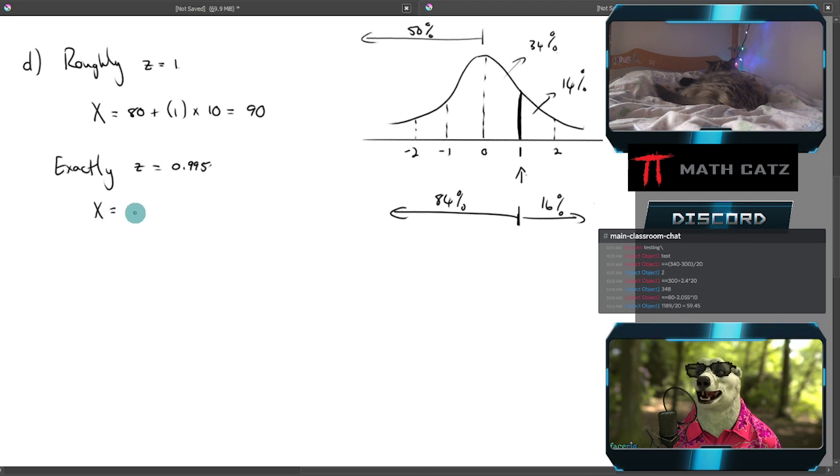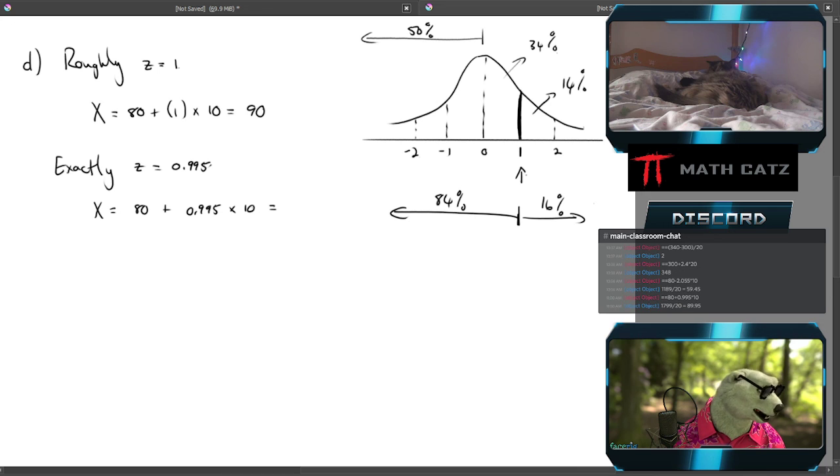I then find the corresponding raw score by plugging the z-score into my formula. Let's see, I know we could do it in our heads, but let's just have something to see on the calculator. 80 plus 0.995 times 10.